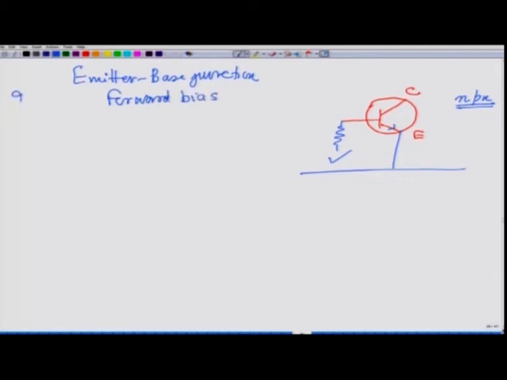This is the input side, this junction here, the emitter base junction. So, this emitter base junction I want to make forward bias.